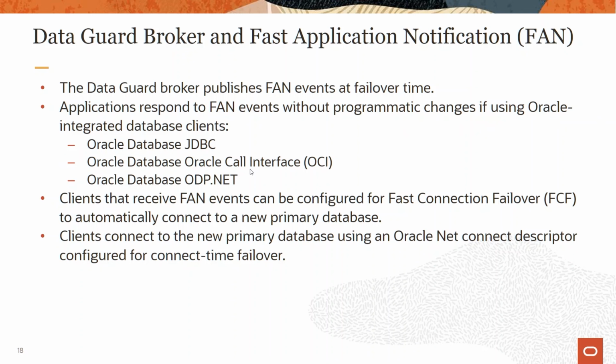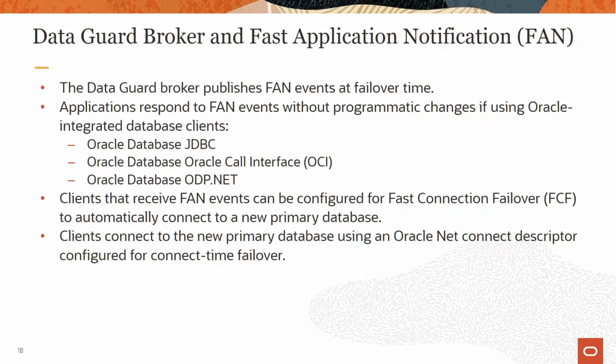And also we have Oracle Database OCI and Oracle Database .NET. A client that receives a FAN message can be configured for fast connection failover, meaning that your client receives this FAN message and then cleans up invalid connections to the wrong database, the database with a different role, and then reestablishes a connection to the database with the correct role.